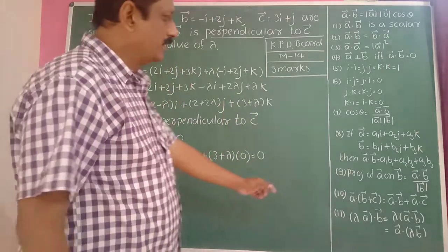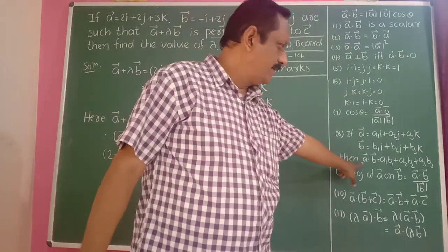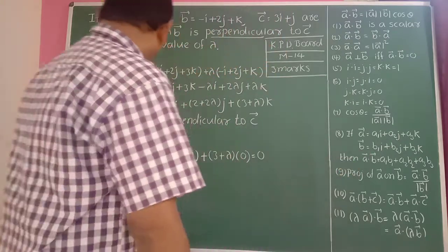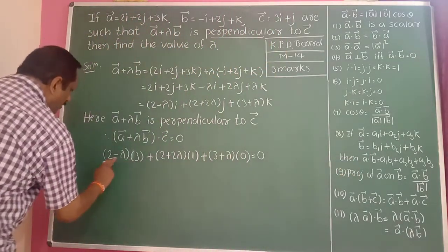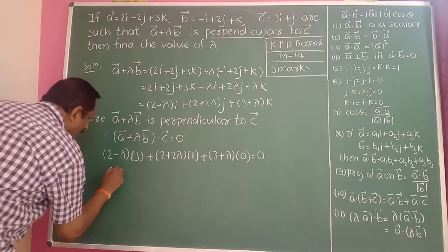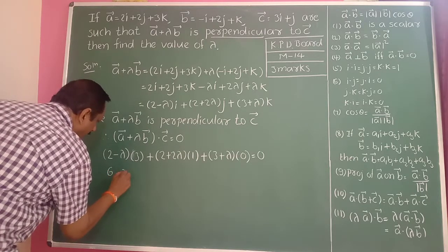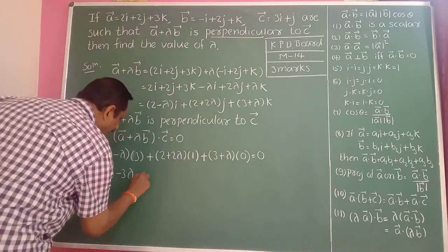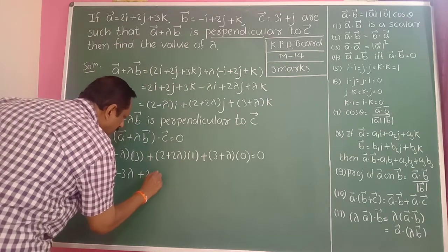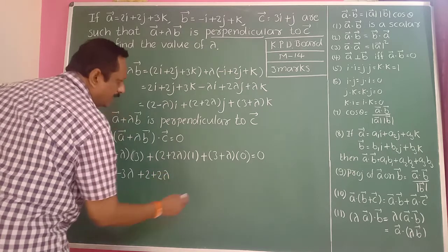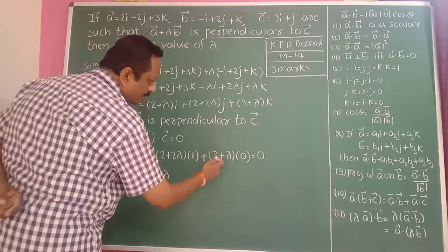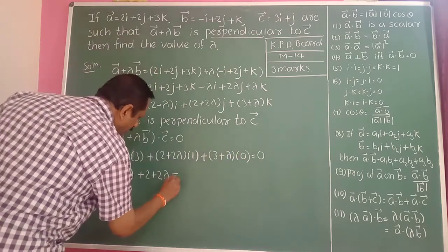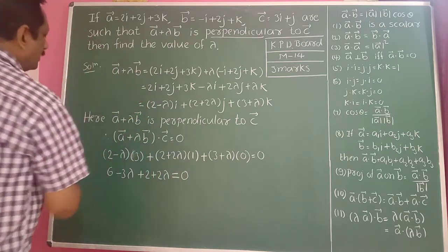We are using this formula a bar dot b bar. Now simplify here. 3 twos are 6, 3 into lambda becomes 3 lambda, minus 3 lambda. 2 plus 2 lambda into 1 becomes 2 plus 2 lambda here. And here 0 into any term is 0. Complete this becomes 0 here. So this is equal to 0.